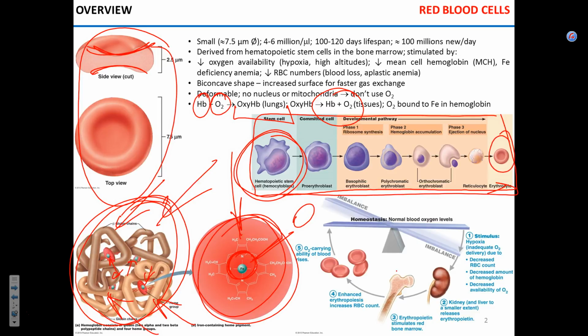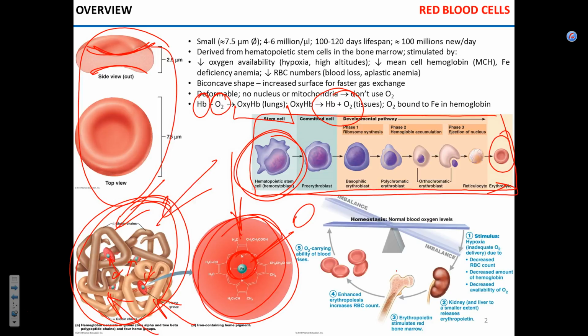Now, what can trigger production of red blood cells? Blood loss. Blood loss, you have less oxygen delivered to tissues because you basically have less red blood cells. You will start producing more red blood cells. What else?